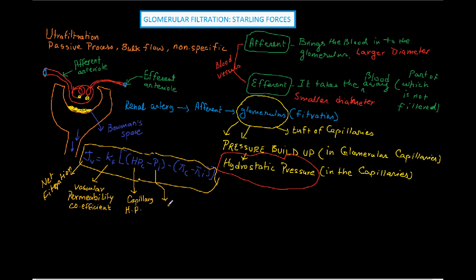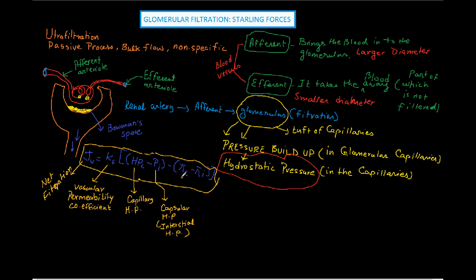P sub I is the capsular hydrostatic pressure, or you can write it as interstitial hydrostatic pressure.